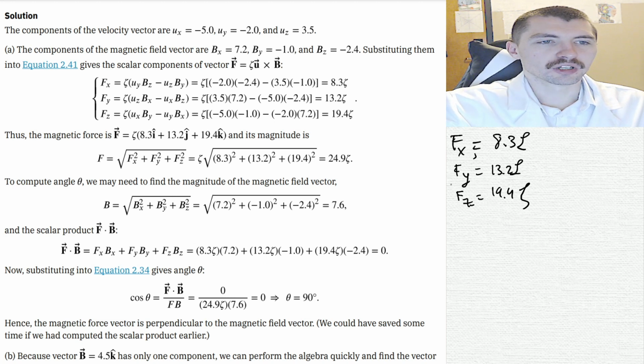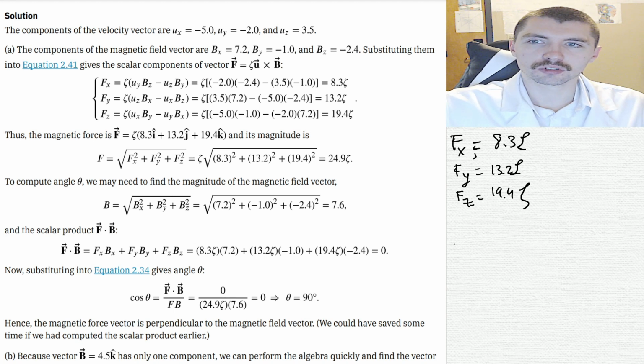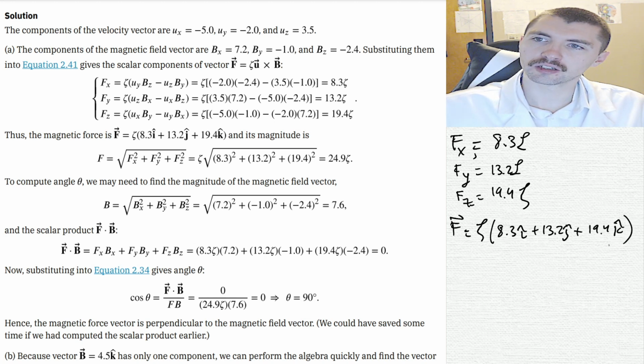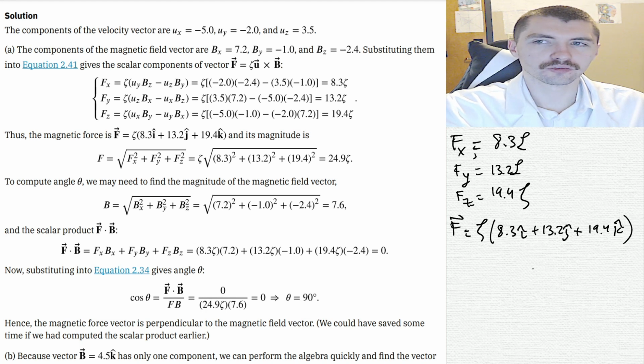Okay, so the magnetic force is F. Force is 8.3, so we can factor out the zeta. 8.3 I hat, 19.4 K hat. So we know the force.